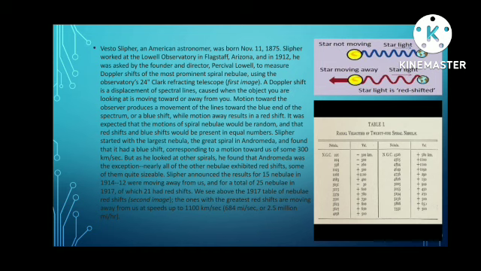So a Doppler shift is a displacement of spectral lines caused when the object you are looking at is moving toward or away from view. In Doppler shift, we can see blue shift and red shift.